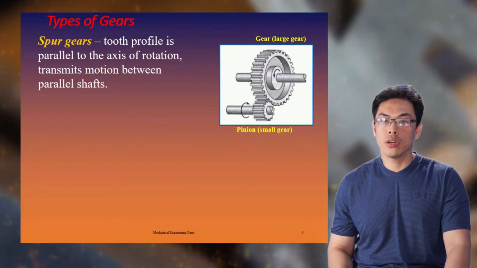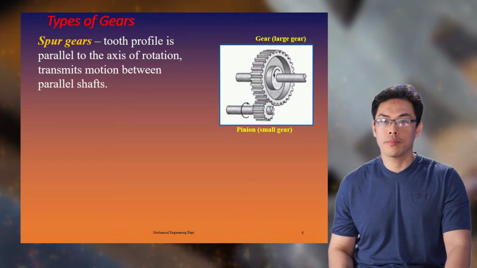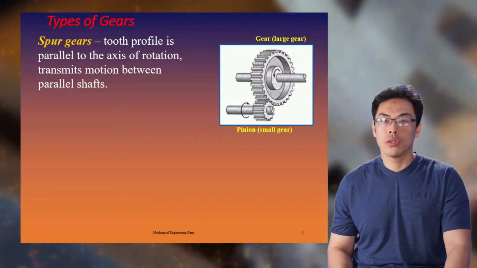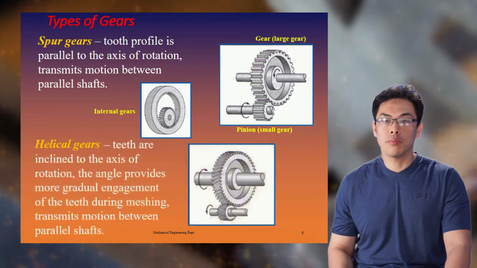Types of gears are classified into spur gears, helical gears, bevel gears, worm gear sets, and rack and pinion sets. Spur gears: the tooth profile is parallel to the axis of rotation, transmitting motion between parallel shafts.